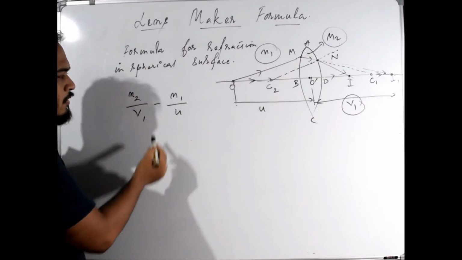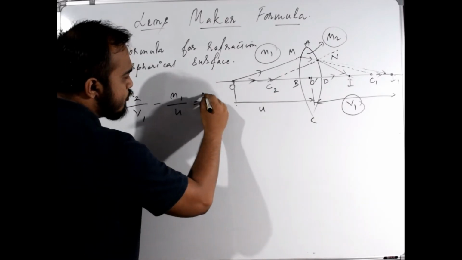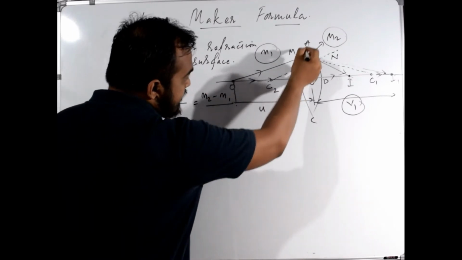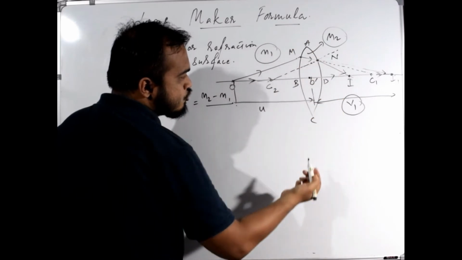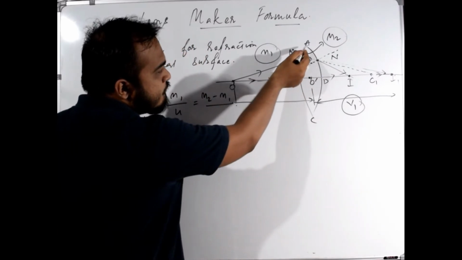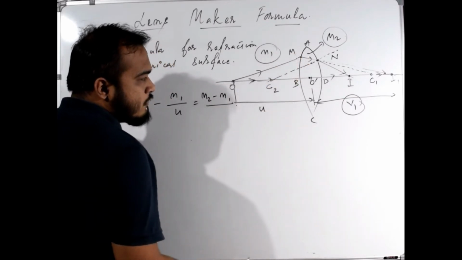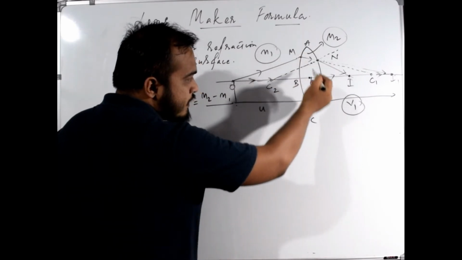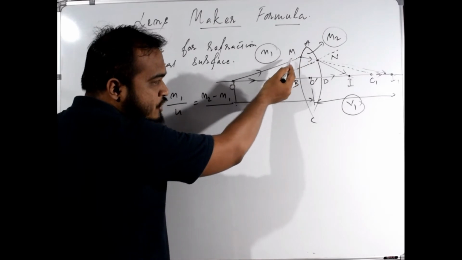That is, N2 divided by V1 minus N1 divided by U will be equal to N2 minus N1 divided by R. We are considering only this surface, so we will have to consider the radius of curvature of this surface, and not of the other surface.